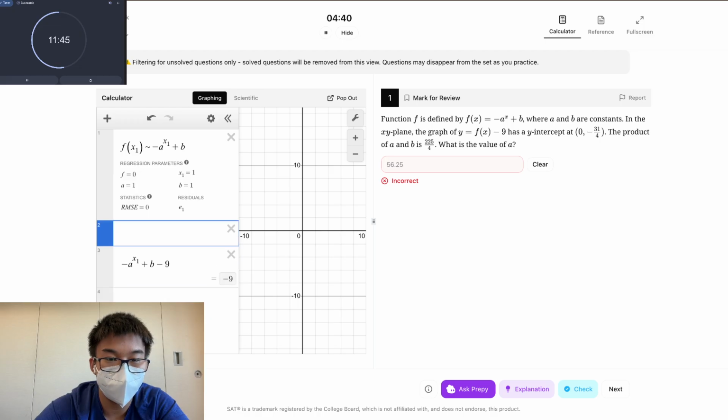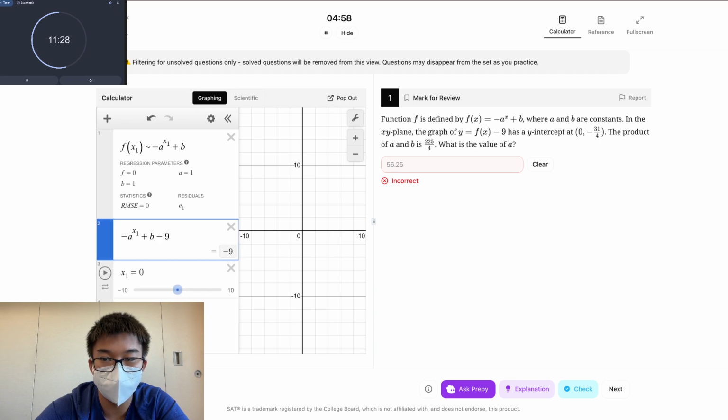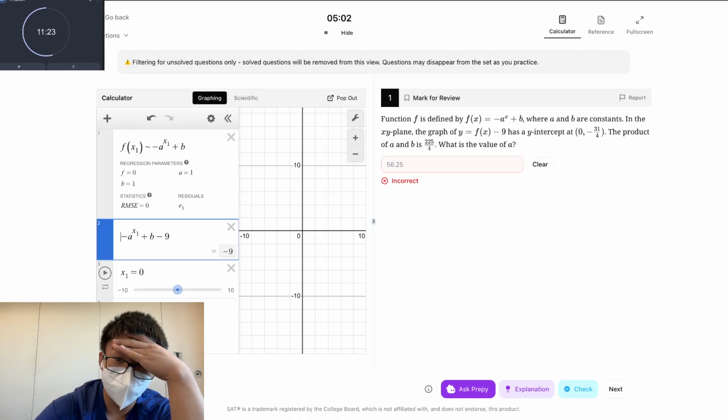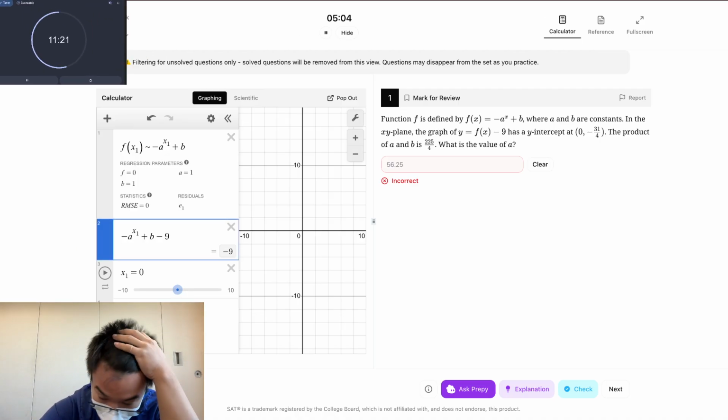Okay, so let's do f(x) is equal to 0. Then the y-intercept should be negative 3, 4. Okay, shoot, I'm taking too long.